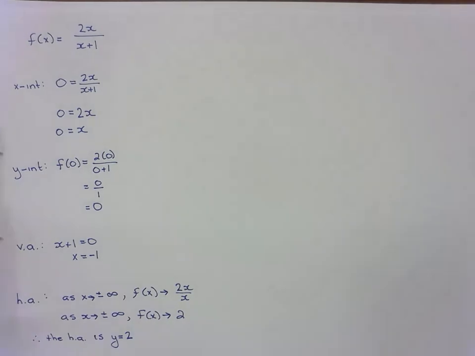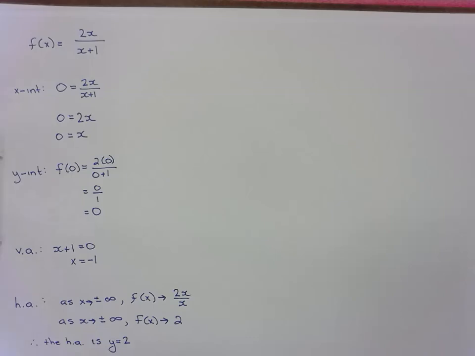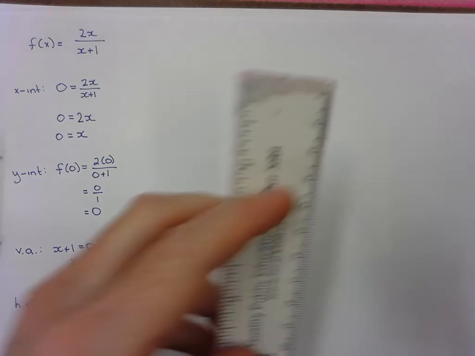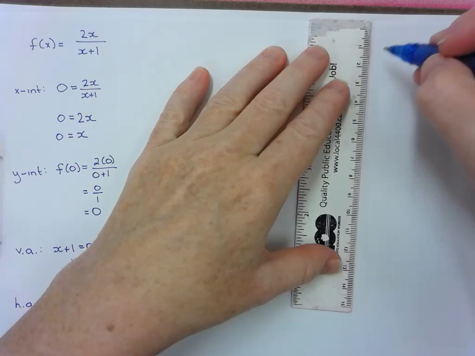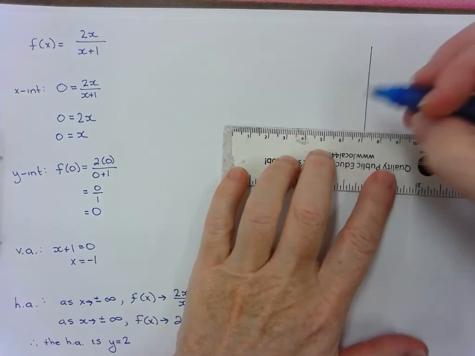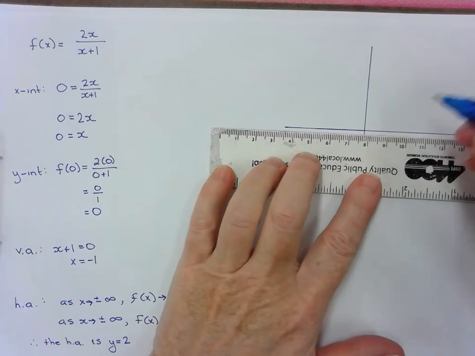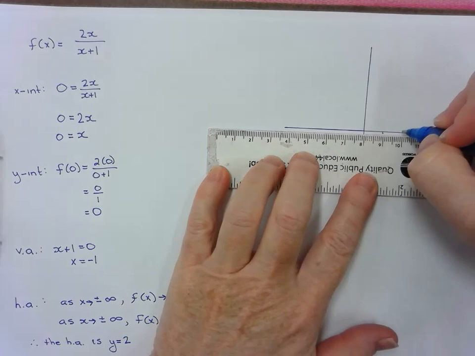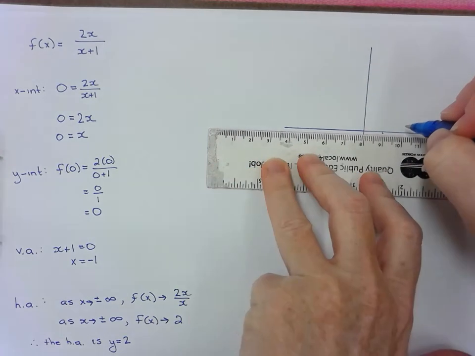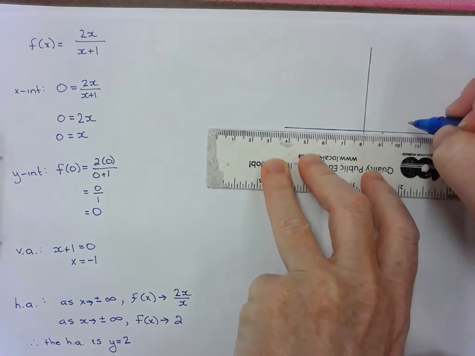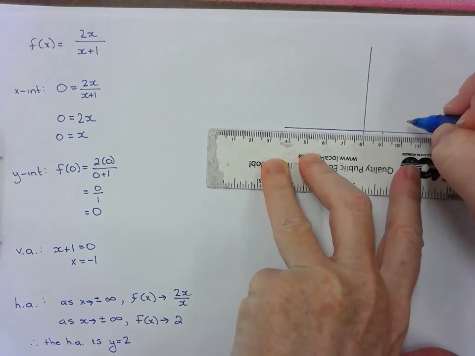So now we have most of the information that we need in order to graph the problem. Let's put some of this information onto our graph. I'm just going to draw a quick sketch of the graph, making sure that I put a scale on. My x-intercept and y-intercept are 0, my vertical asymptote is negative 1, and my horizontal asymptote is 2.